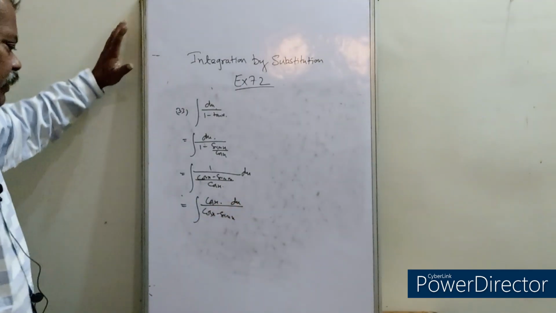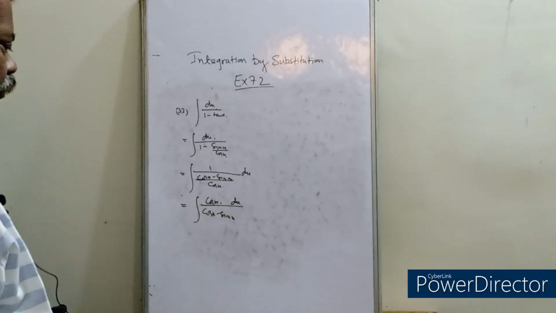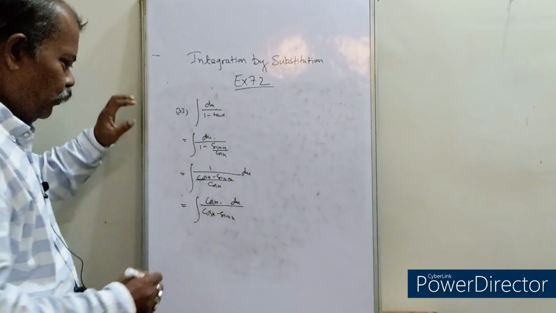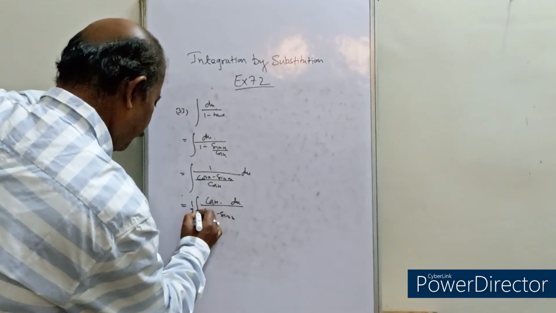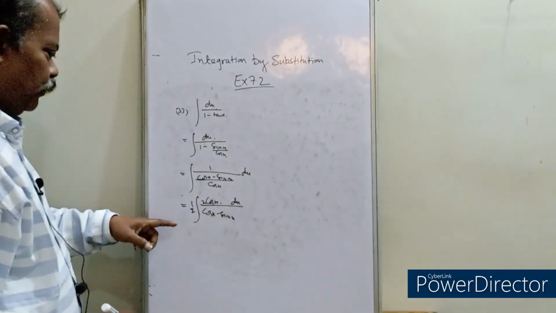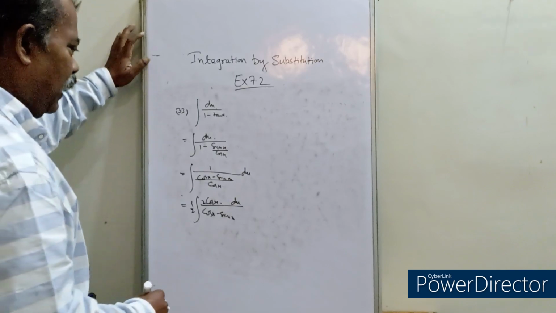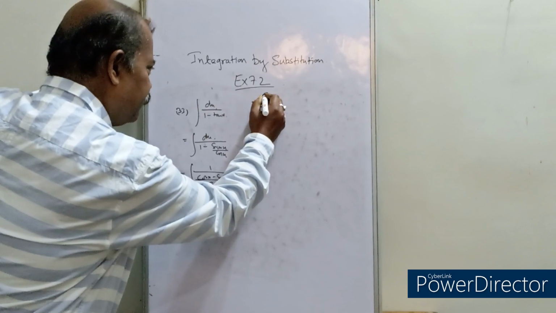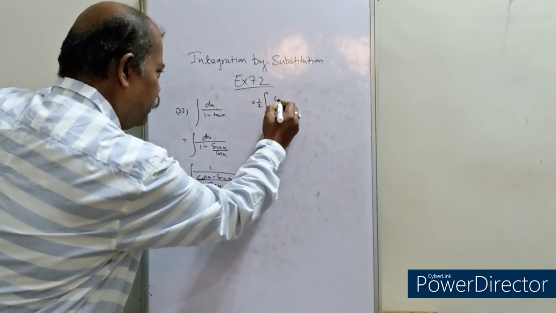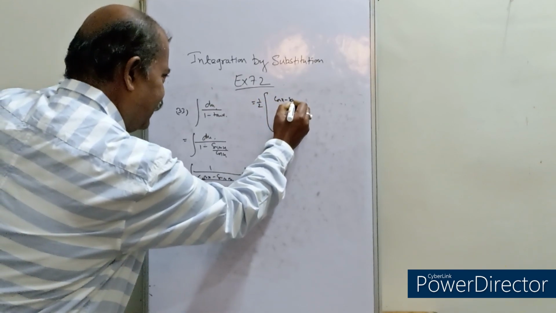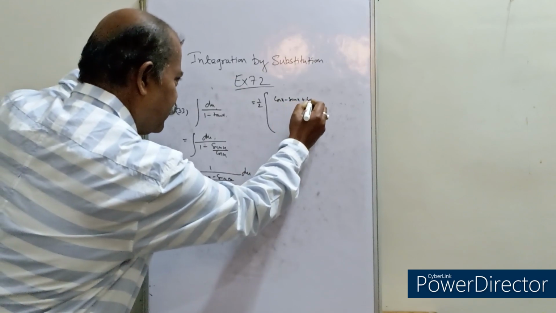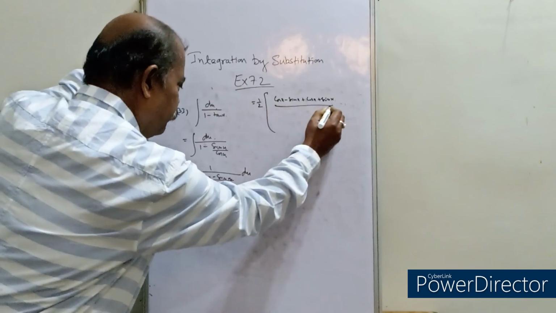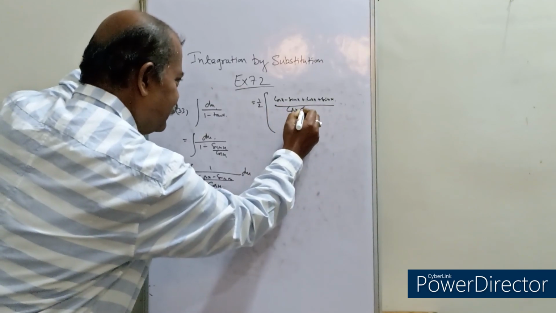And again, this question is of the same pattern as I have done just earlier. So what I am going to do is 1 by 2 into 2. Now I can write it like this: equal to 1 by 2, that is cos x minus sin x, and again cos x plus sin x divided by cos x minus sin x.